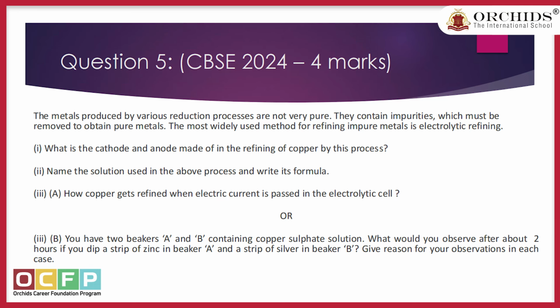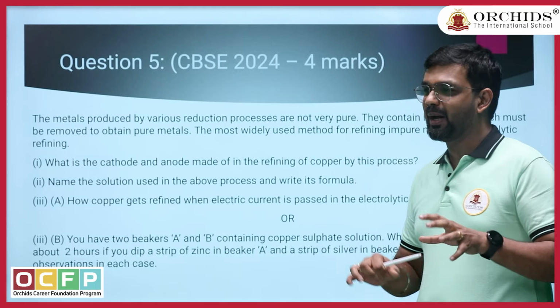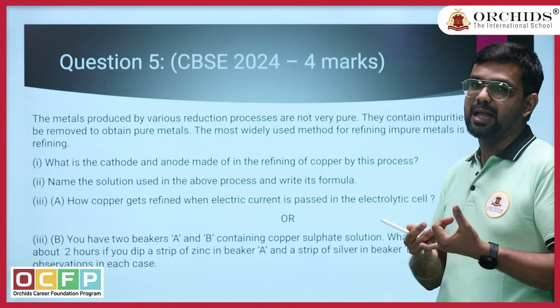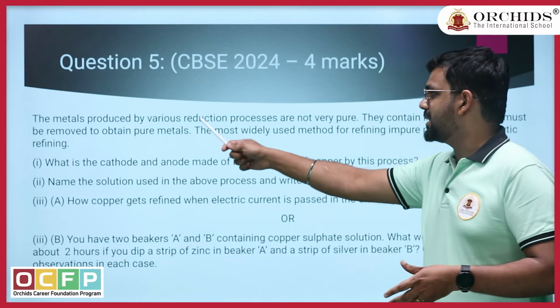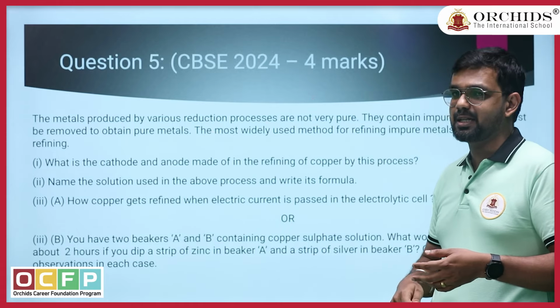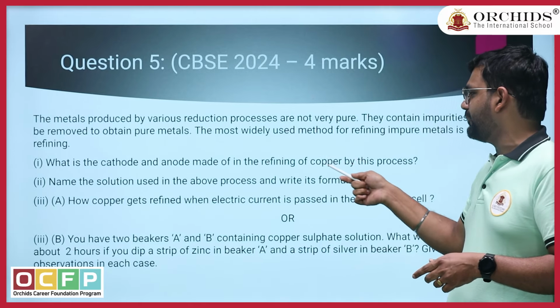So students, let's move to question number 5 here. It is again a process which we have already studied, that is electrolytic refining, but in detail. Here it is asking what we have to use as a cathode, anode, and then the electrolyte and all those things. It is a 4-marker case study based question. So what is the cathode and anode made of in the refining of copper?